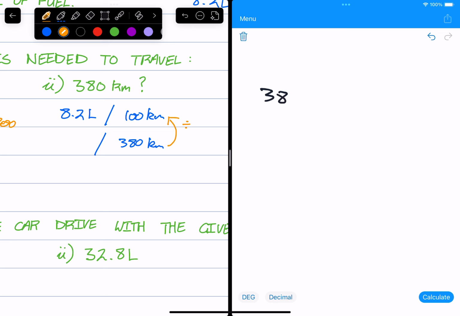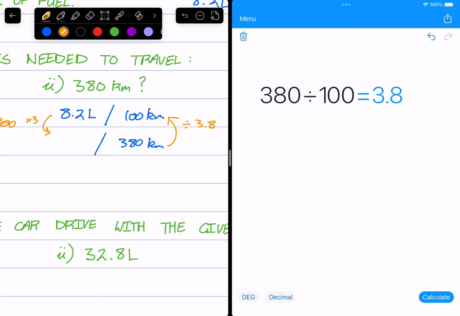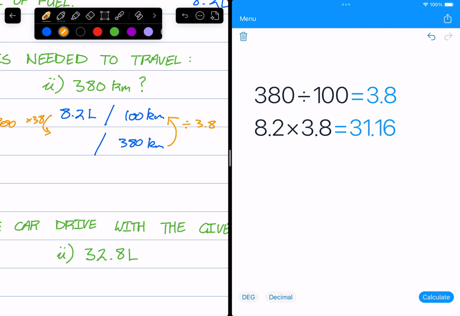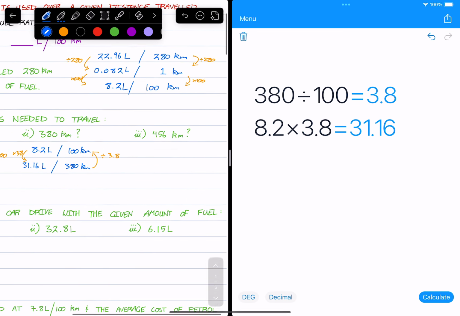So 380 divide 100, that gets us 3.8. And it's that number that we work with to multiply the other side. So 8.2 times 3.8. That gets us 31.16 liters.